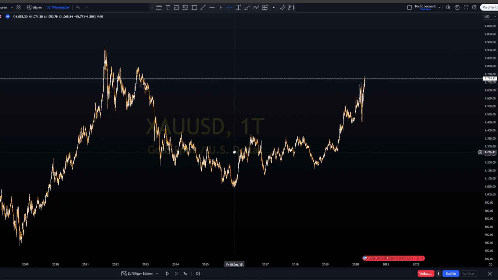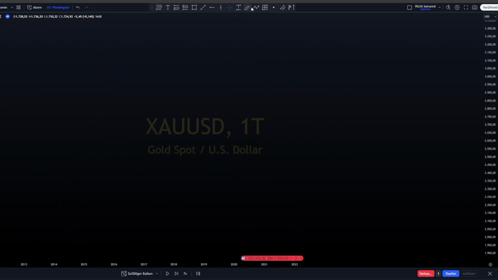How can we combine the higher time frame with the lower time frame? What does that mean? Basically, what it means is, let me draw something.